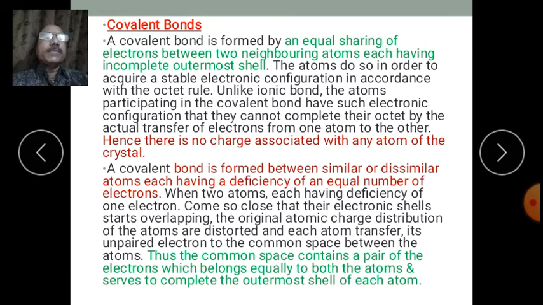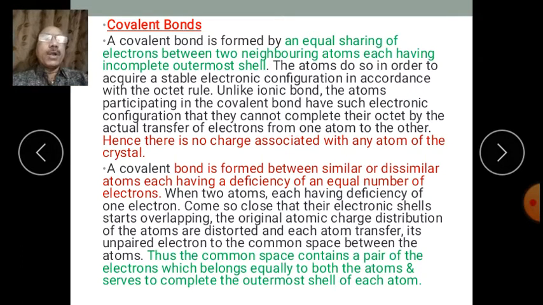The atoms do so in order to acquire a stable electronic configuration. They share an equal number of electrons with the other atom in accordance with the octet rule.